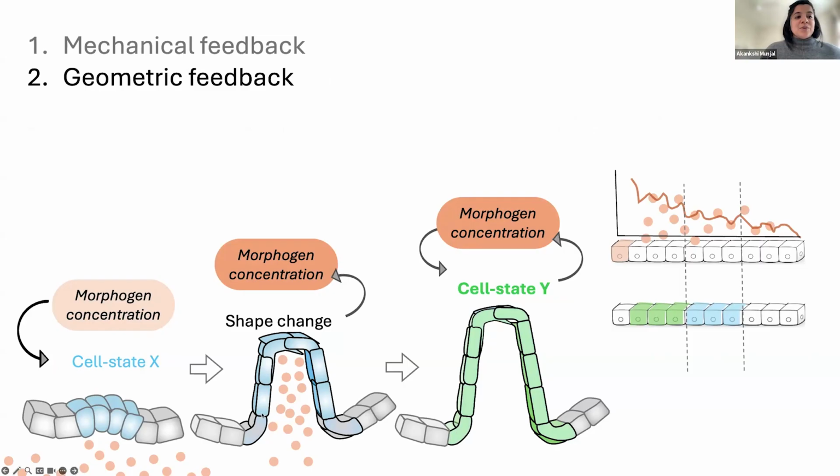So here I've just abstracted, using those same cells: if you have a cell experiencing a morphogen around it, it changes shape because of force generation. The concentration of the morphogen it's going to experience just changes because of the shape itself.